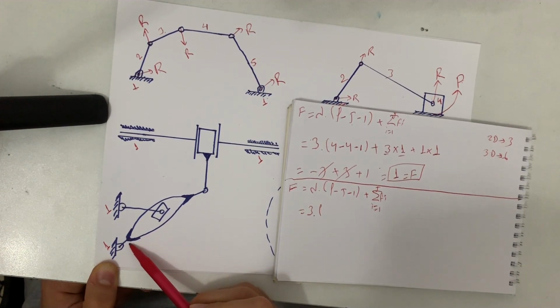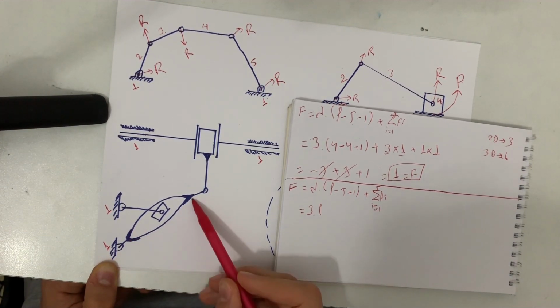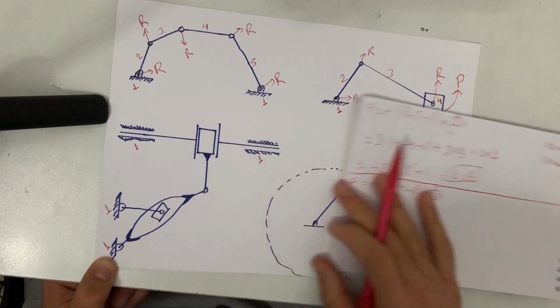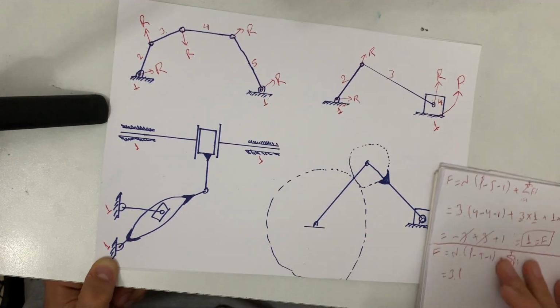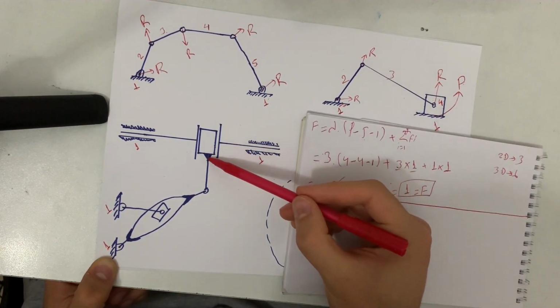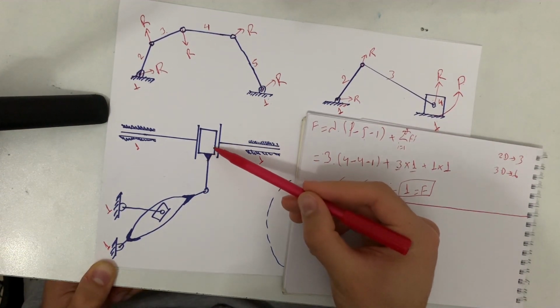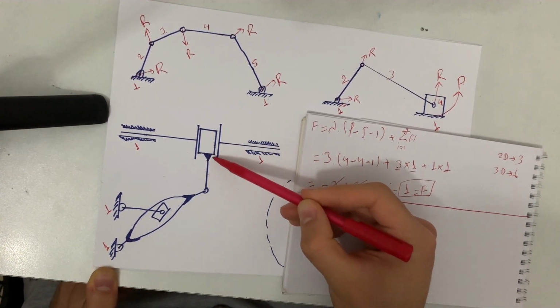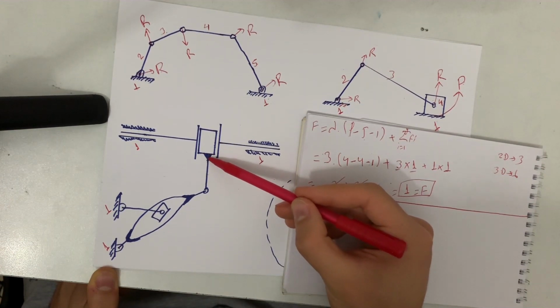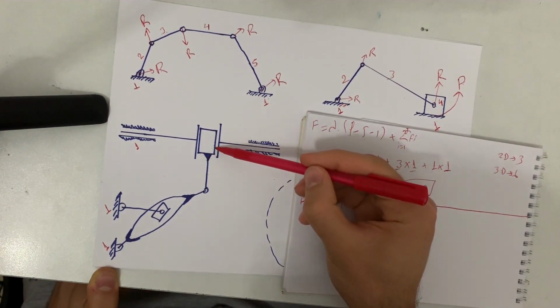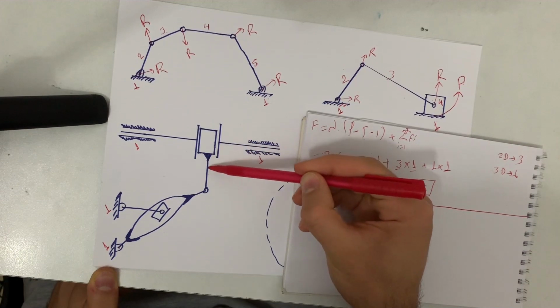What does this mean? If you see these symbols, also over here, also over here, it means, guys, this is a welded point. This rigid body and this rigid body are welded to each other. What does that mean? These are stuck to each other, right?